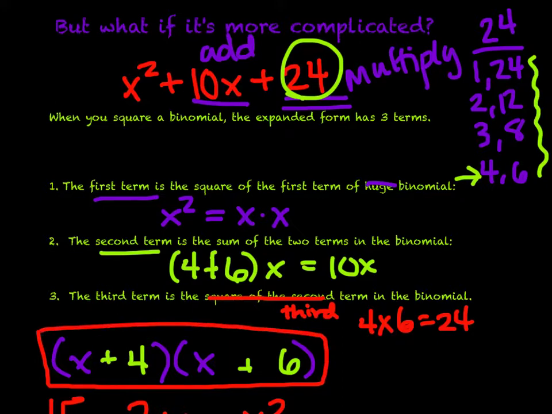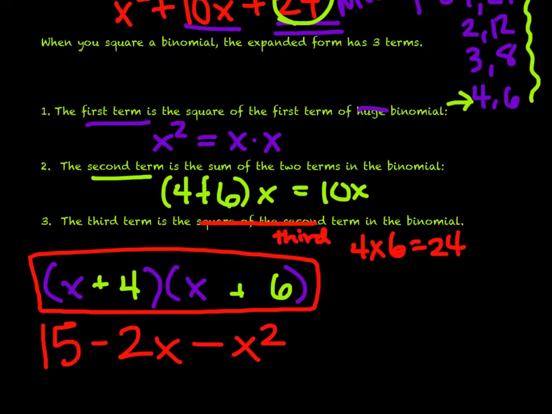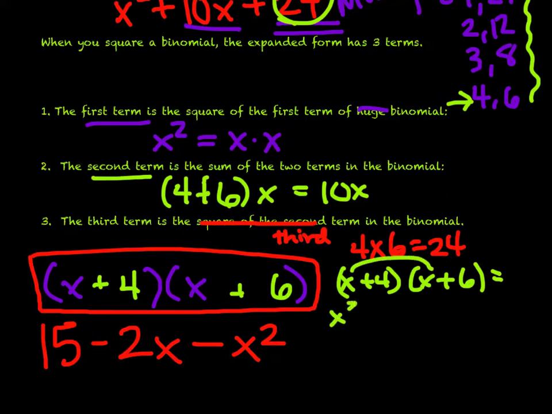So we could even check our work with this and say x plus 4 times x plus 6 equals x times x is x squared. And so we're doing FOIL. x times 6 is 6x. 4 times x is 4x. And 4 times 6 is 24.